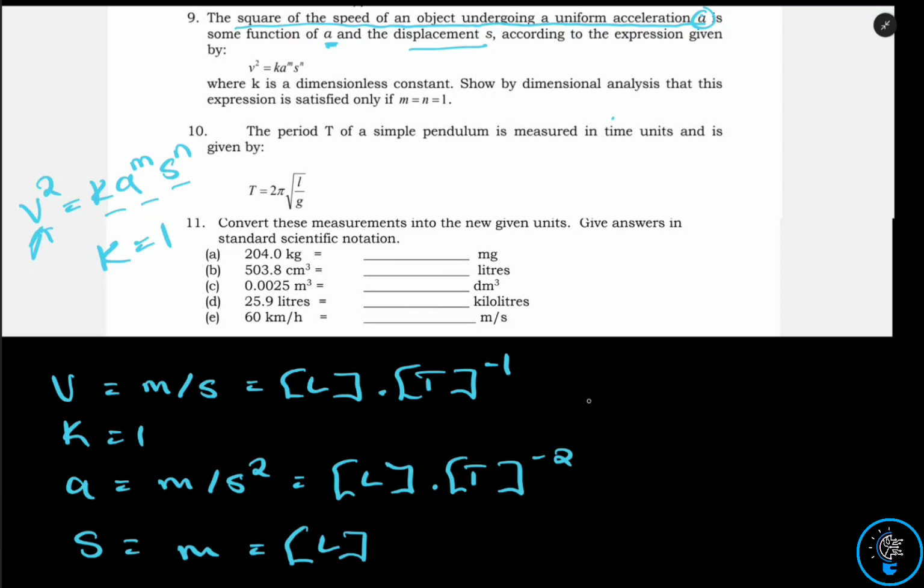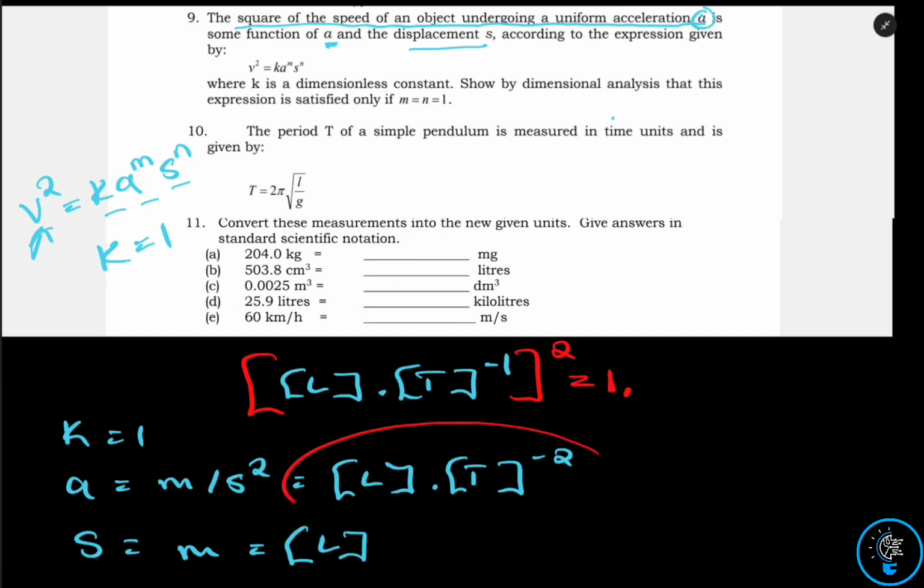So when you plug them into our equation, velocity, let me write that part. We are saying velocity, this part, will be squared, will be equal to k, which is 1, acceleration is that value, so we're going to say L, and we need to power this to m.